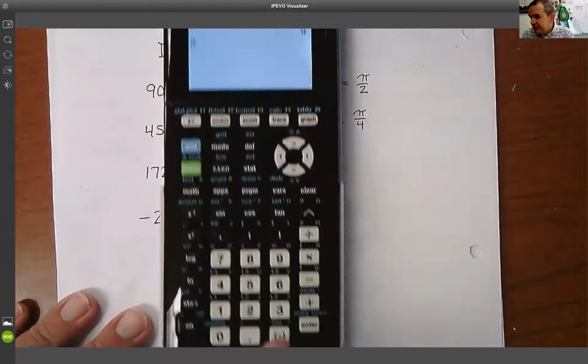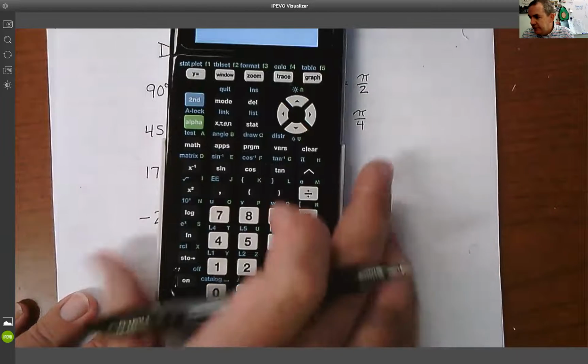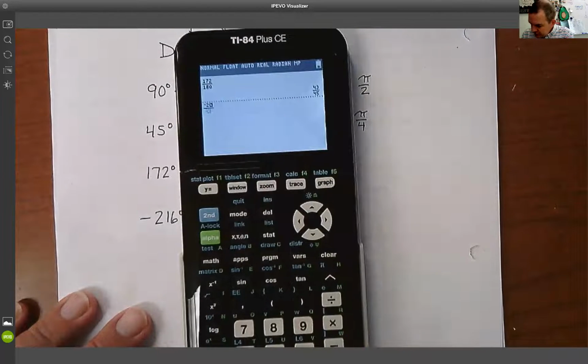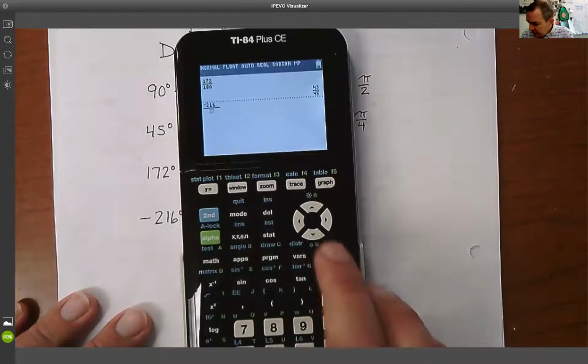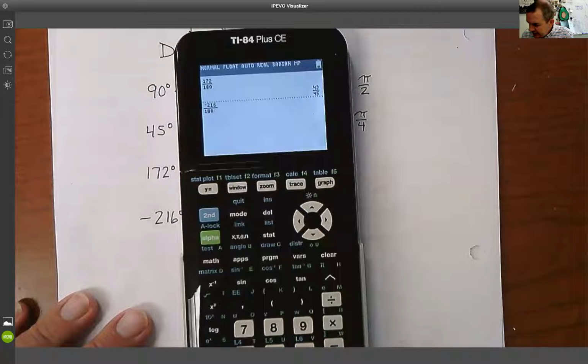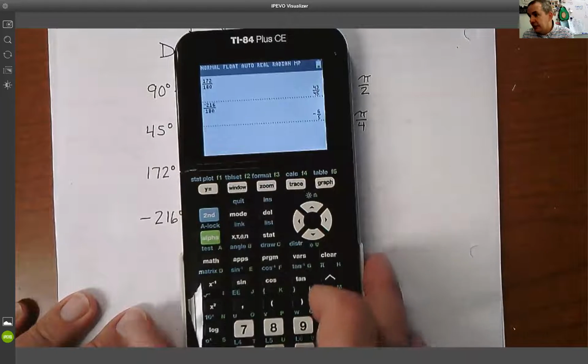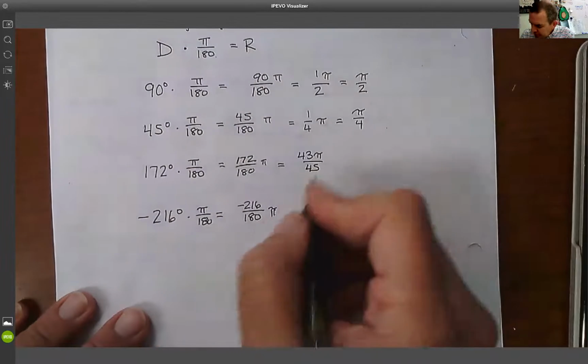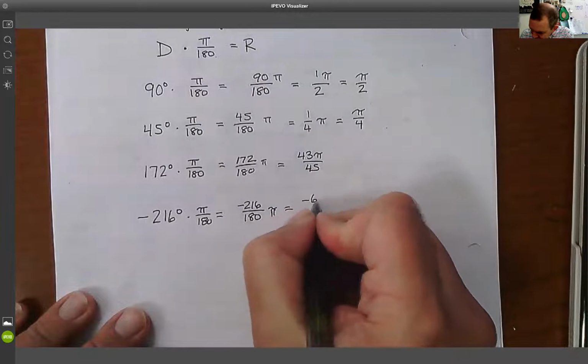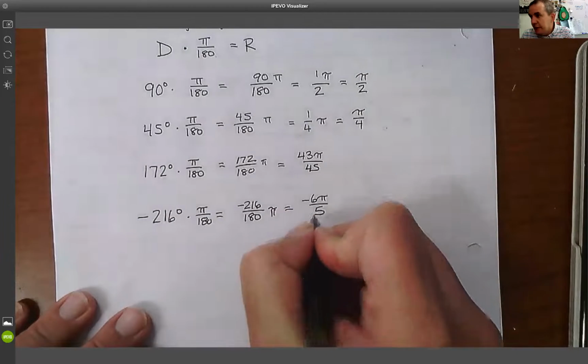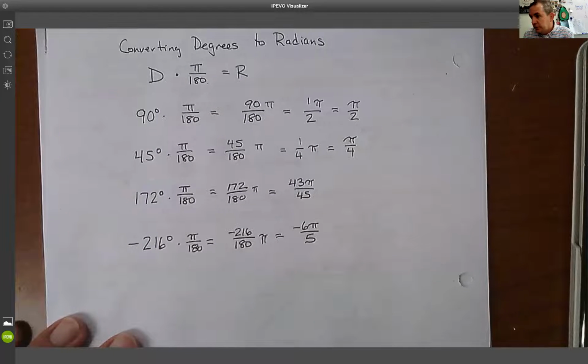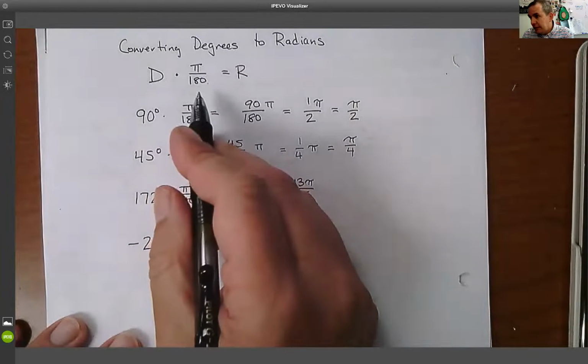Here's my negative, it's down here, then 216 over 180 in the denominator, and that gives me negative 6/5. So this would be negative 6 pi over 5. So that's how we go from degrees to radians. We multiply times pi over 180.